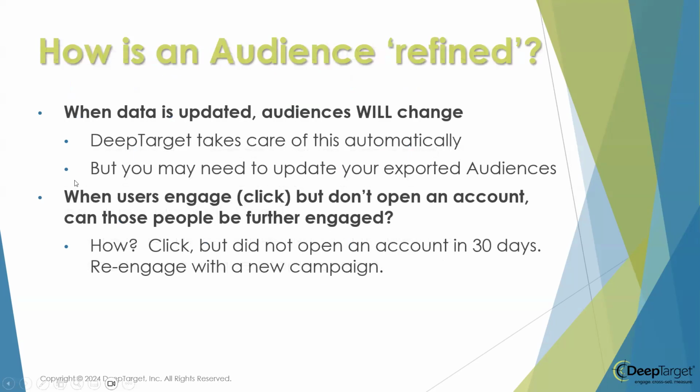So as I just mentioned, when data is updated, when things happen in the data, the audiences will change automatically. And I will say, many of you are now exporting audiences for email purposes and maybe even direct mail, so you may have to update that. So don't forget, we have a new AI mail capability coming out very shortly, and we're real excited about it too.